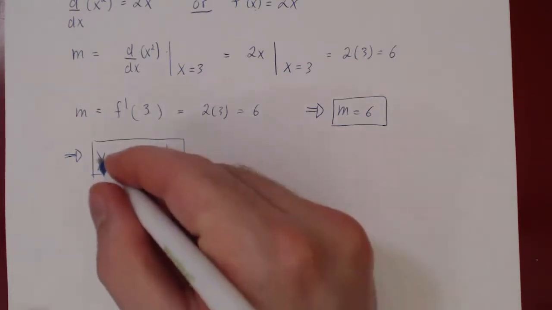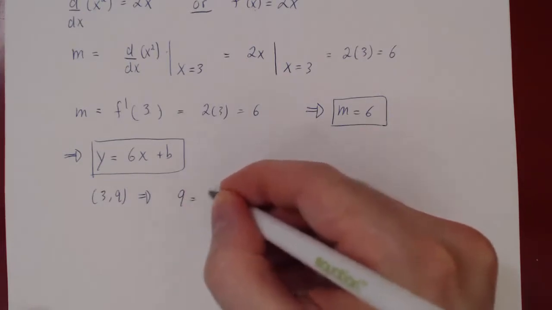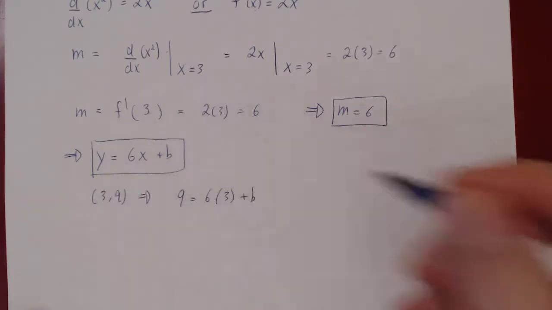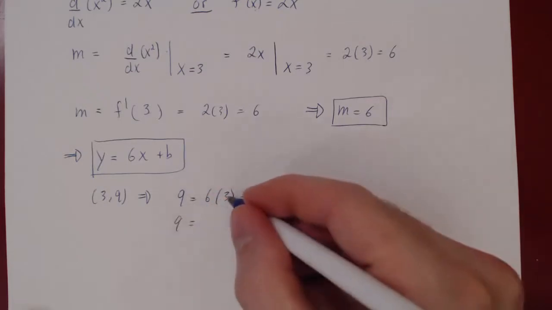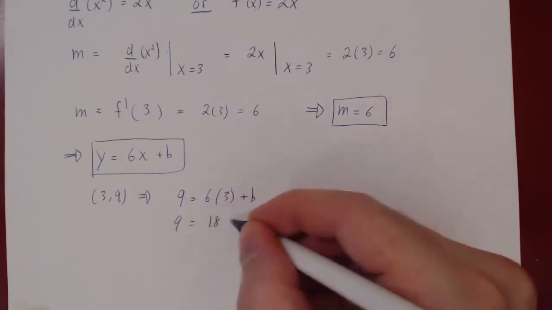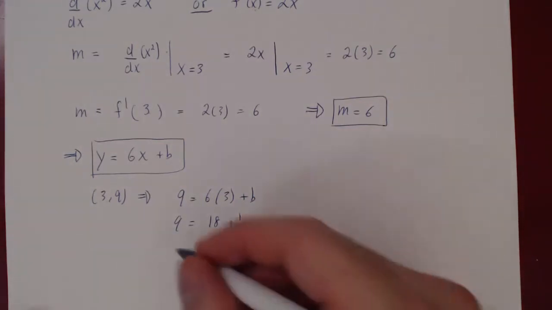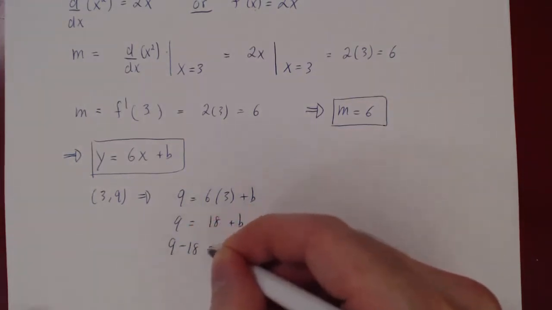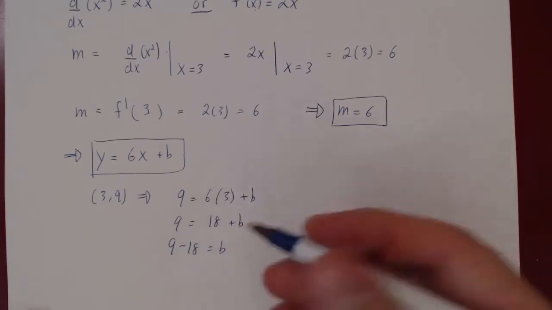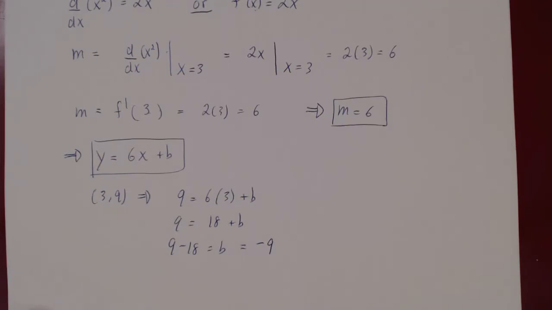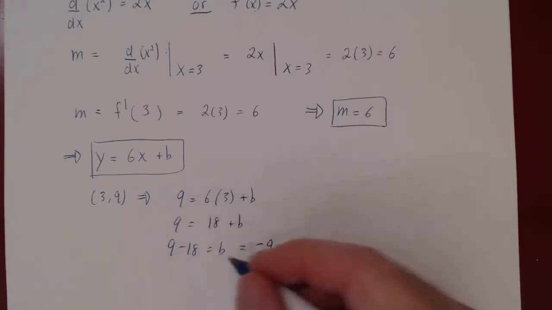So we can replace. When y is 9, we get 6 times x, which is 3 here, plus b. This is 9 equals 6 times 3 is 18. Subtract 18 from both sides, and you get 9 minus 18 equals b. But 9 minus 18 is negative 9. So you have b.